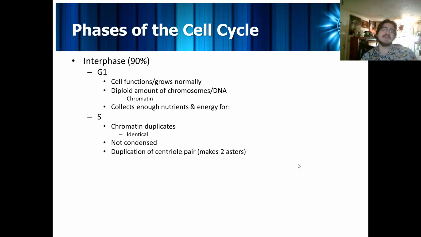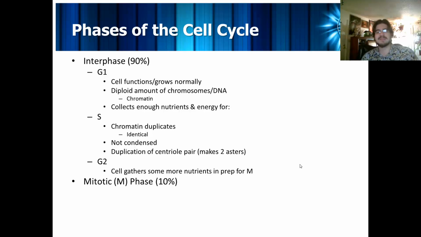So in the S phase, we synthesize an entire copy of our DNA, and we synthesize another aster. And this leads us to G2. G2 is the third and final stage of interphase. In G2, the cell gathers some more nutrients in preparation for the M phase of the cell cycle, or the mitotic phase. 10% of a cell's life is represented by the mitotic phase.